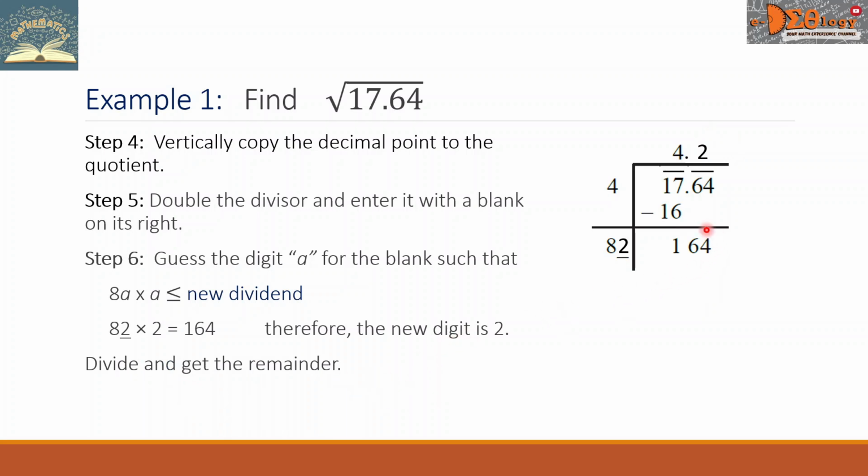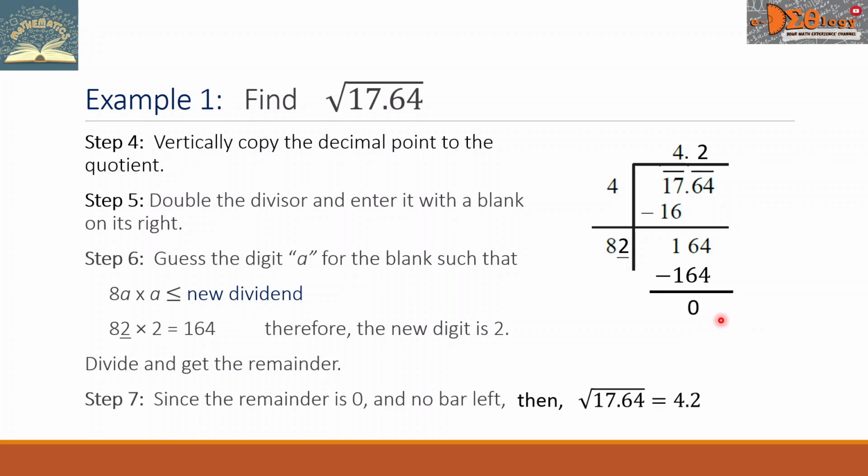That means this 164 minus this value here, that is 164 also. And the difference is 0. Step 7. Since the remainder is 0 and no bar left, then we conclude the square root of 17.64 equals 4.2.